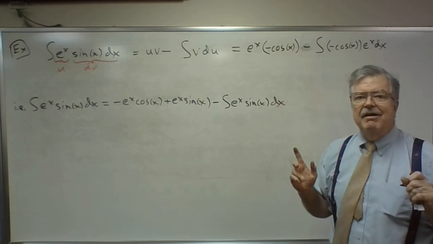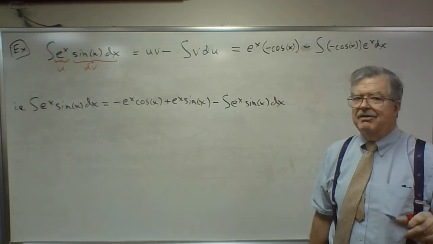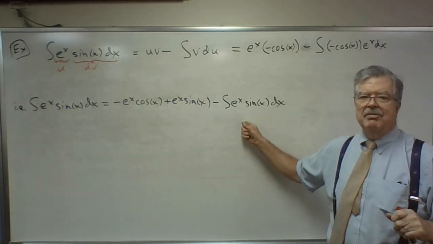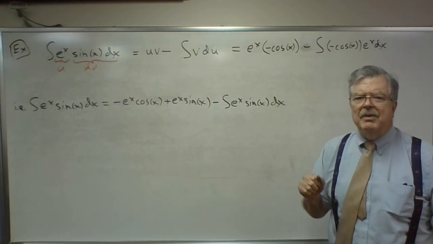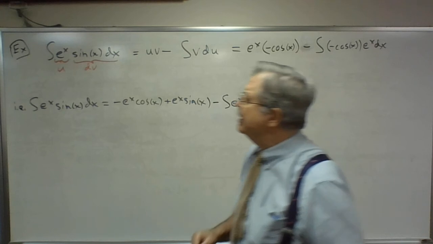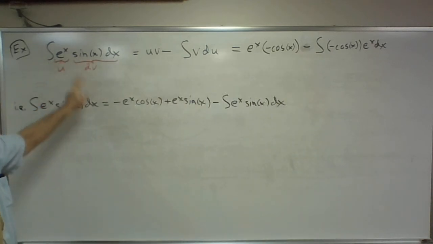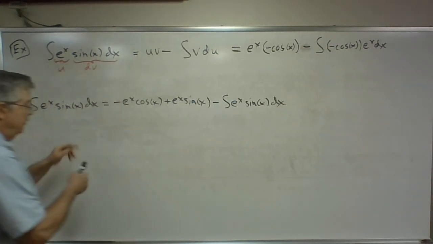When we have the product of two functions that are both cyclic with respect to their derivatives, this is exactly what's supposed to happen. And think about it. What was it that we were trying to find in the first place? It was this, right? And now we have an equation that contains this expression.